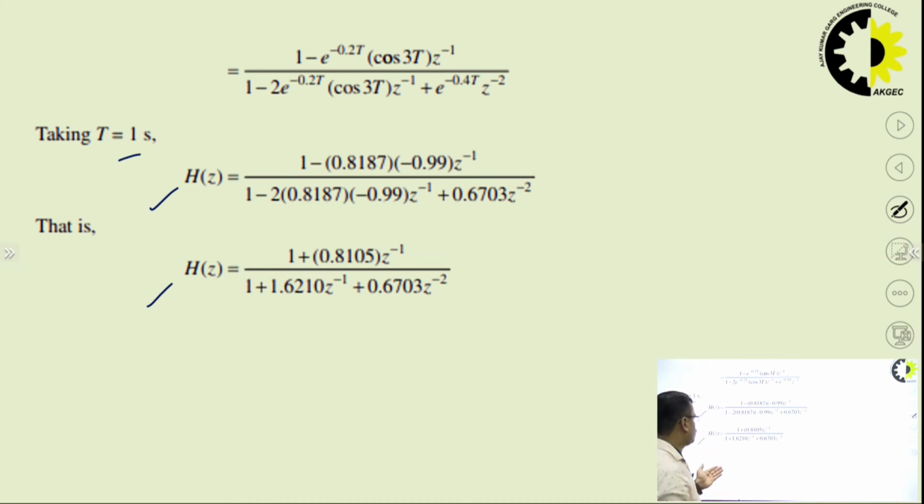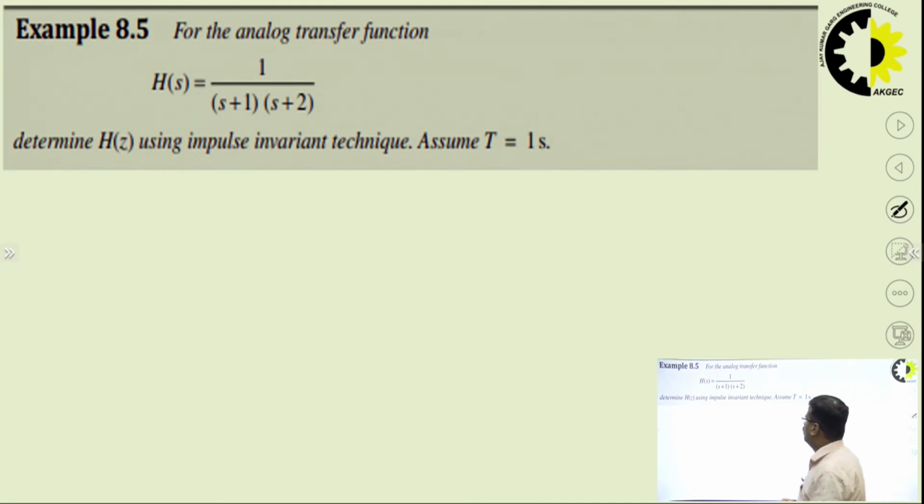And now if H of S is given to you, you have to make this H(s) into H(z) using those three formulas. Now for the next question, H(s) is equal to 1 upon (s plus 1) into (s plus 2). You have to determine H(z) using the impulse invariant method.